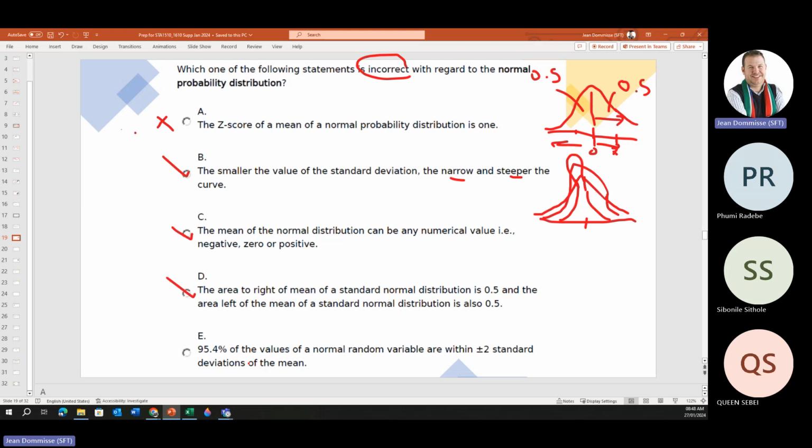And then, 95.4% of the values of a normal random variable are within 2 standard deviations. This one is correct. So that's why we normally use a 95% confidence interval with the questions in study unit 7, 8, and 9. You guys can just check. It is in study unit 6. So just check for the plus minus 1.